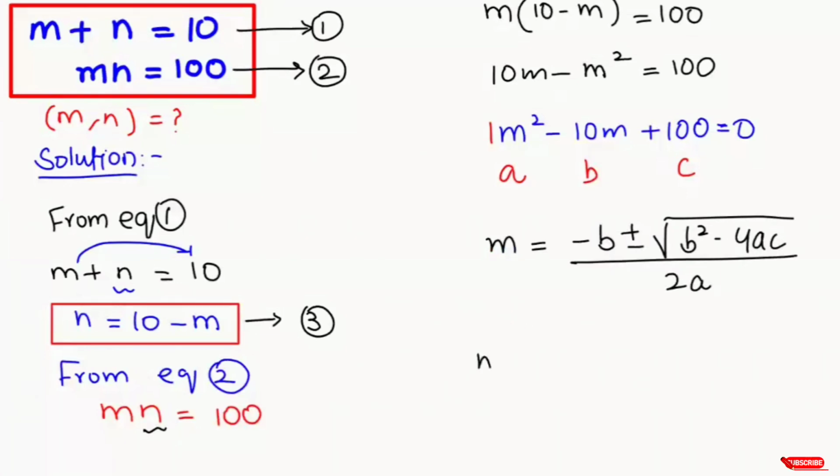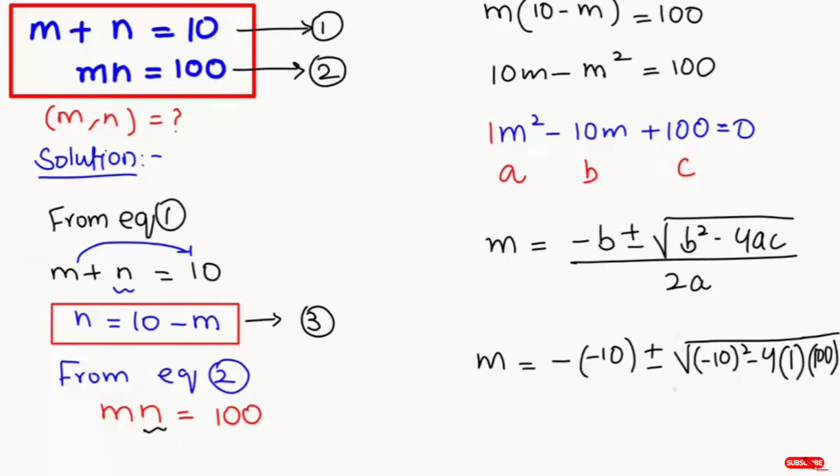Now we plug in the b value: negative 10 plus minus root of negative 10 square minus 4, the a value 1 and c 100, over 2 times a, which is 1.